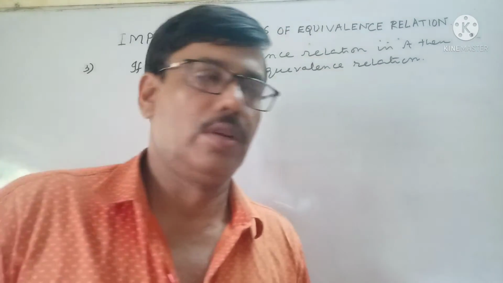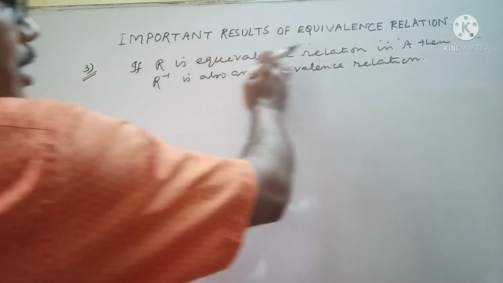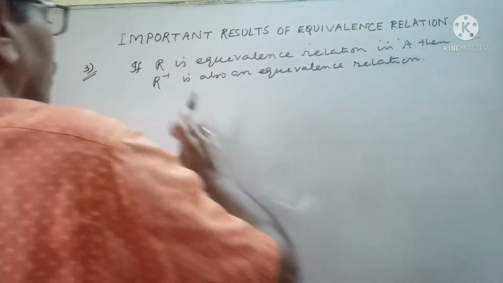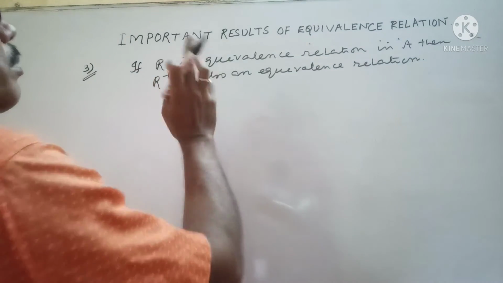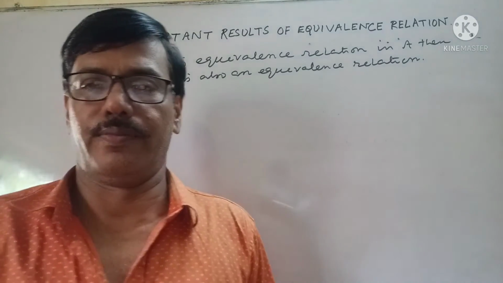Now, one more result. If R is an equivalence relation in A, then the inverse relation R to the power minus 1 is also an equivalence relation.